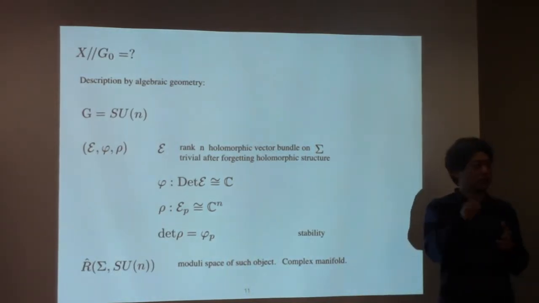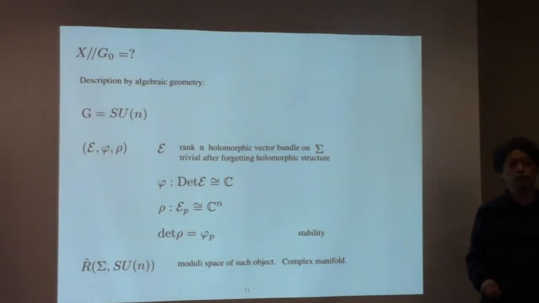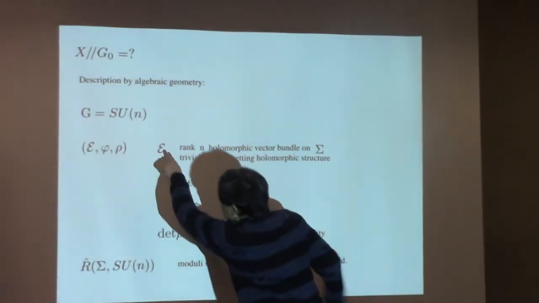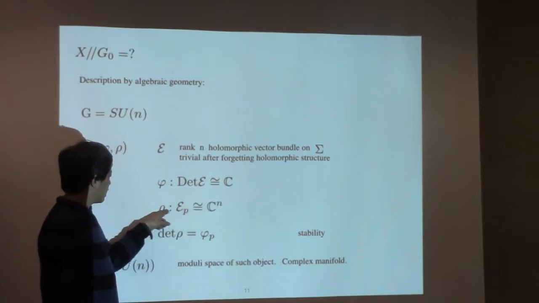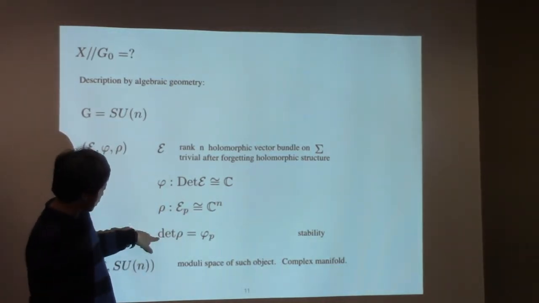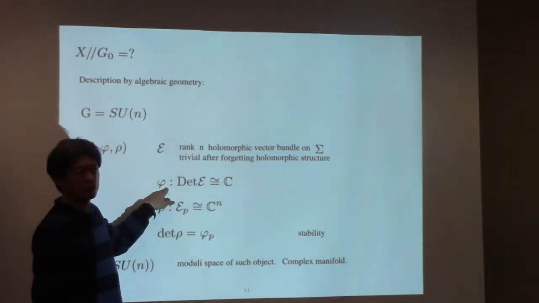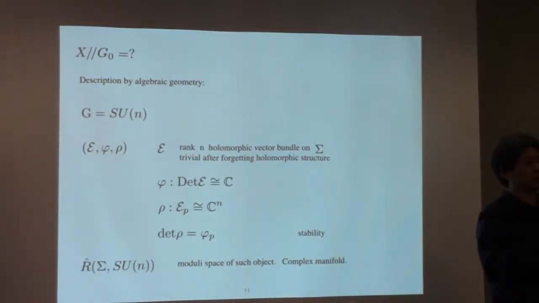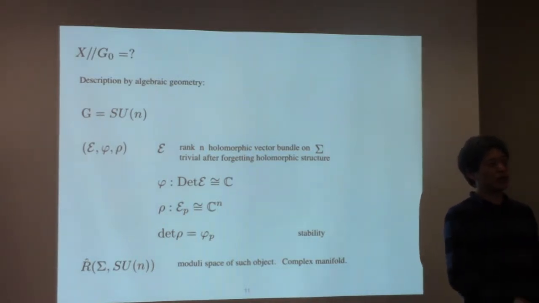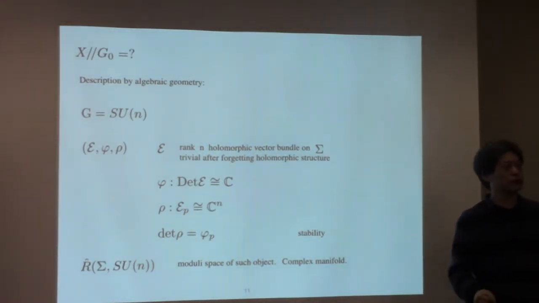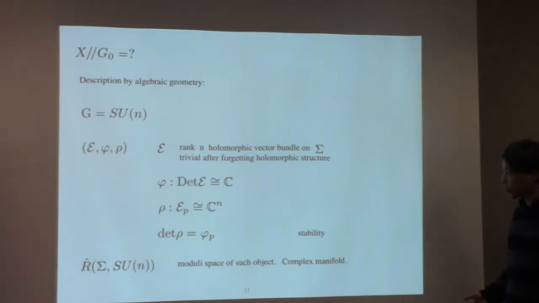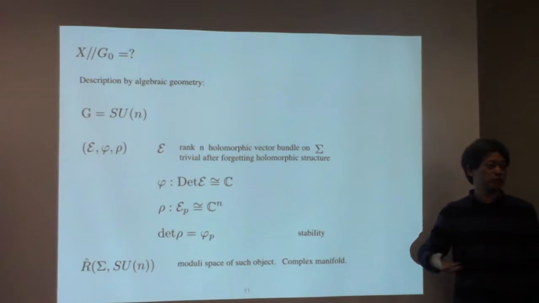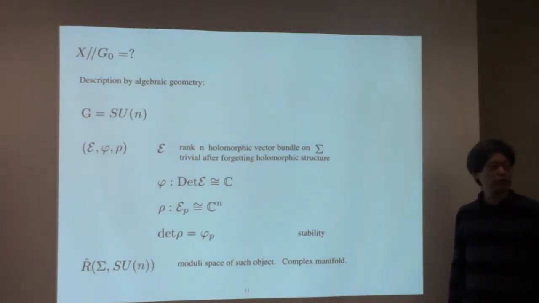So E is an SL(N, C) bundle, and ρ is a framing at one point of E, an SL(N, C) framing, with the determinant trivialization. So you have a holomorphic vector bundle, a trivialization of its determinant bundle, and a framing at one point. Up to isomorphism, the moduli space of such triples is naturally a complex manifold.